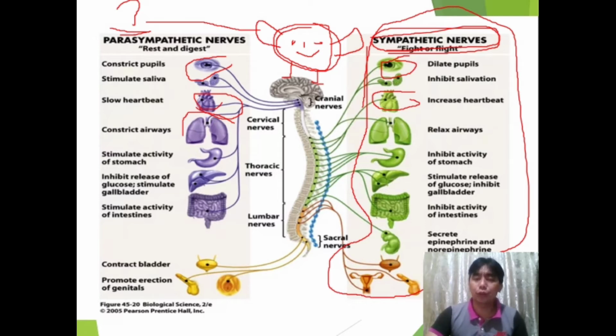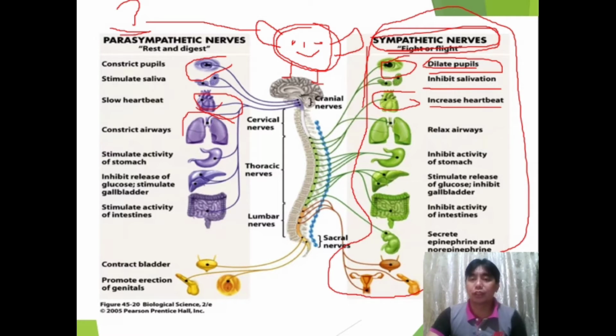So what's going to happen now is there will be dilation of pupils, inhibition of salivation, and increase in heartbeat. So what do you mean by this? Dilation of the pupils, and inhibition, meaning there is no saliva, and the dilation is like the iris of your eyes will become smaller, but become stronger.